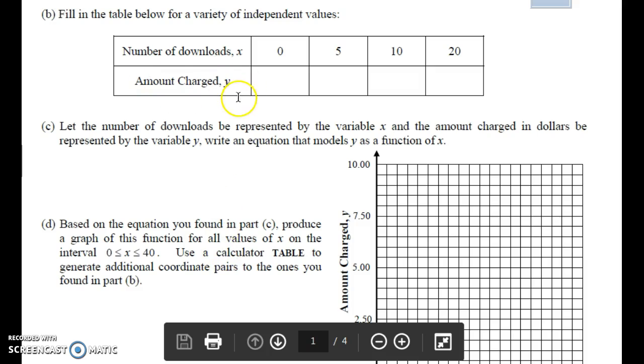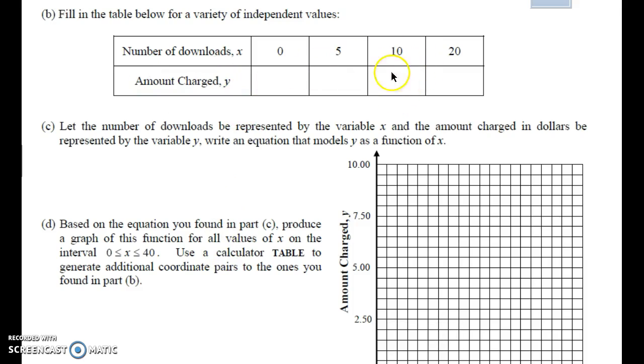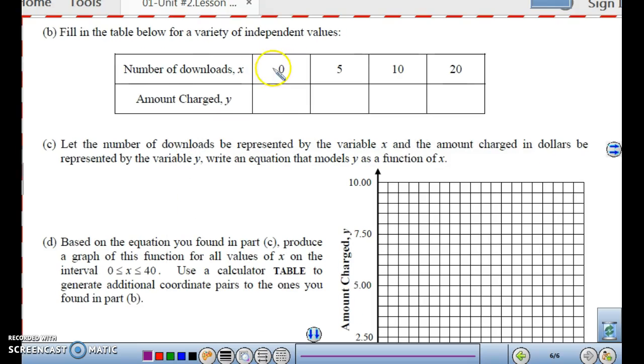So here's a table with some of the independent values that we may see. All right, so if you don't download any songs, well, you still have to pay the $5 fee, so that's going to cost you $5. Okay, if you buy 5 songs, you're going to have to still pay the $5 plus 10 cents a song, so that'd be 50 cents more for songs, so this would be $5 plus the 50 cents, and that would be the total charge.